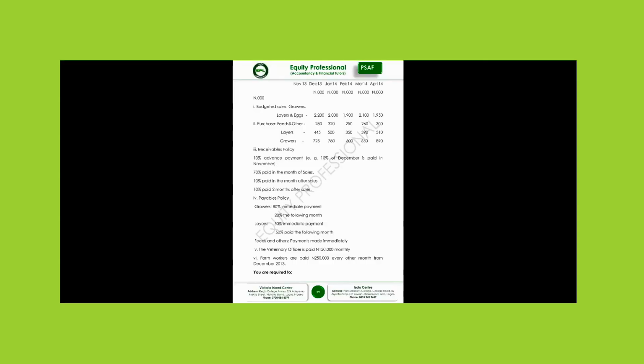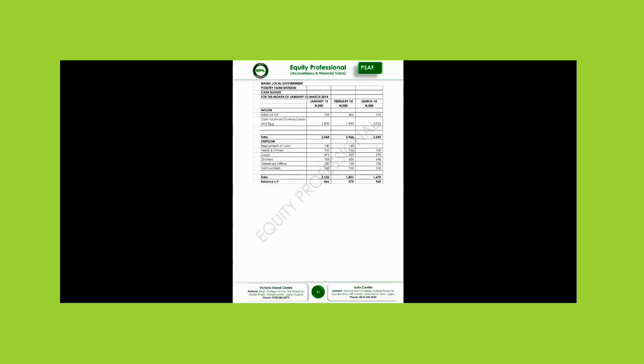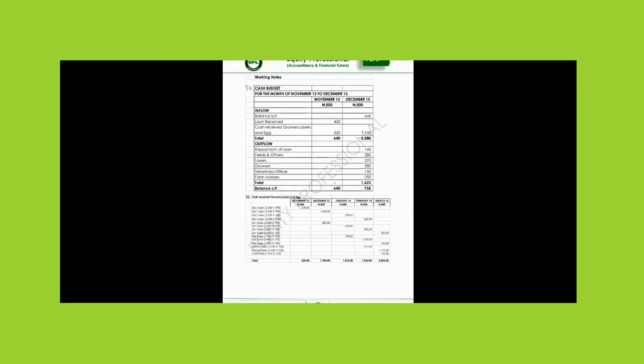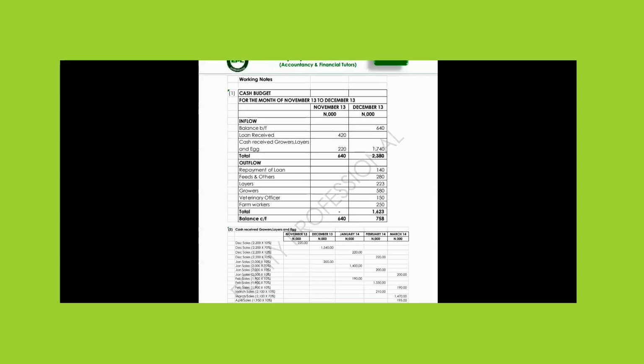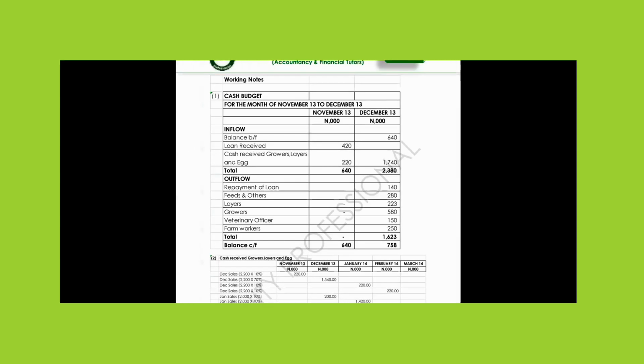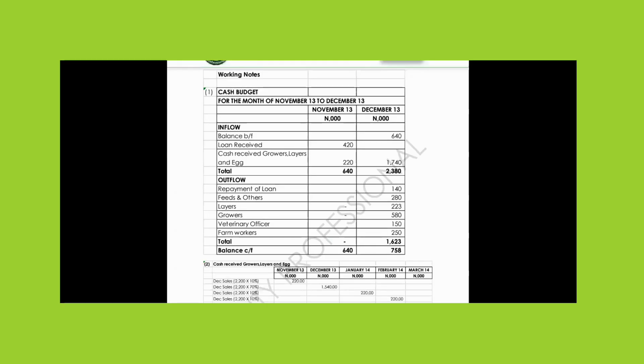That is page 31. It will be on page 32. After you have finished all the information, we need to close up this working note 1.